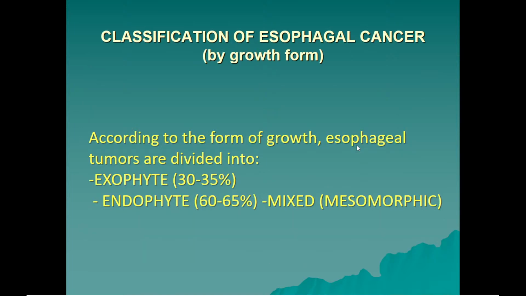Classification of esophageal cancer by growth form. According to the form of growth, esophageal tumors are divided into exophytic, 30 to 35%, endophytic, 60 to 65%, and the last is mixed.